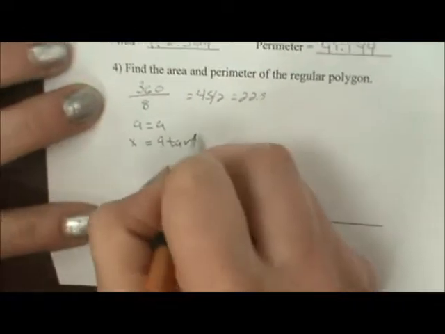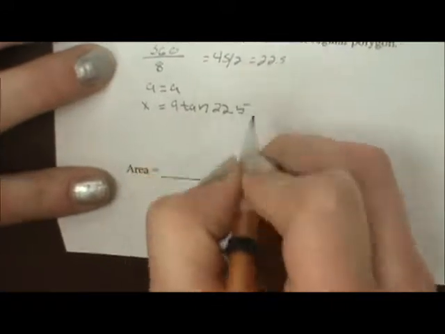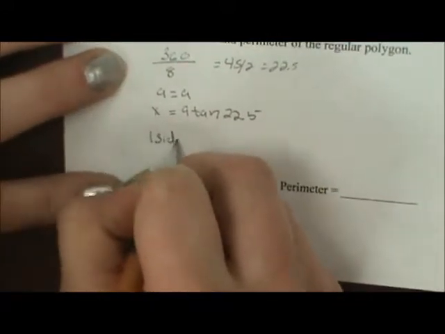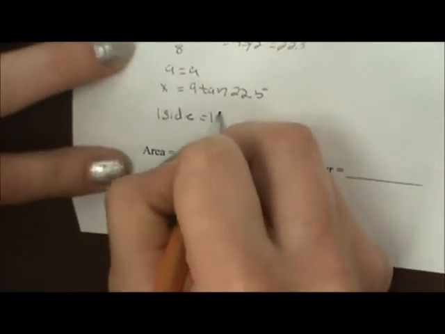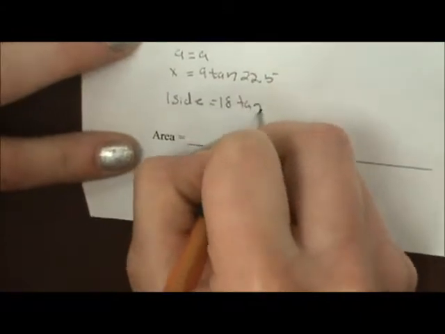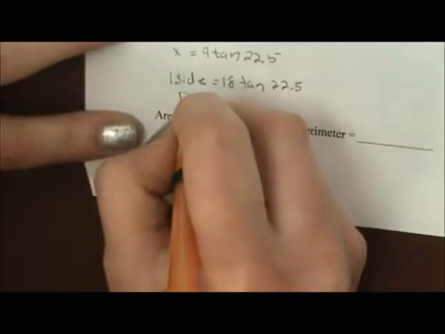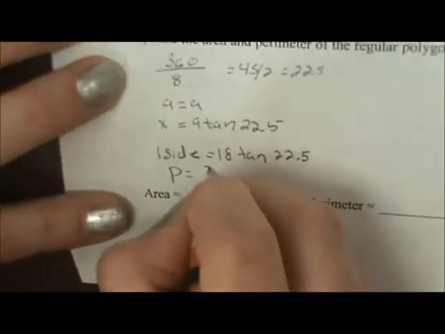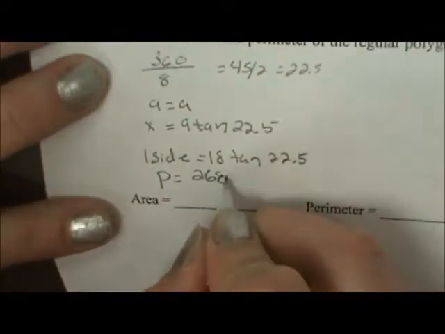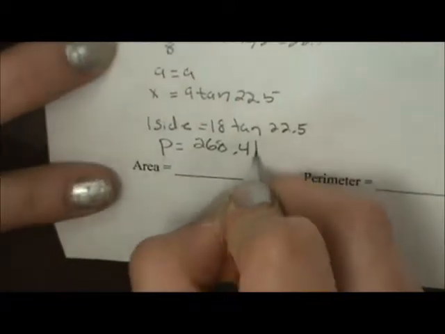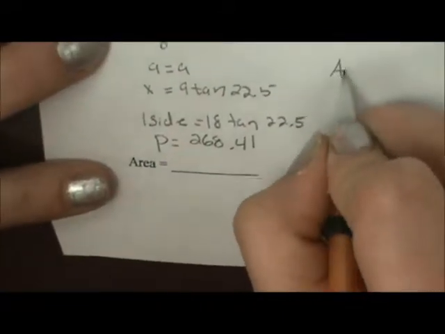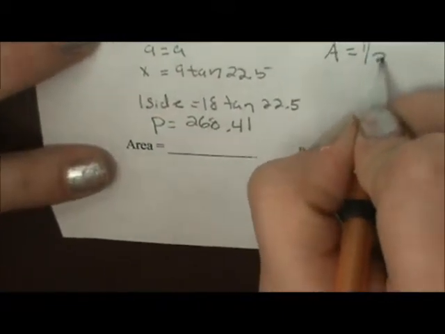So our height is A, so that's going to equal 9, and then X is going to equal 9 tangent of 22.5. So one side is going to equal 18 tangent of 22.5, so you just have to double that X. So the perimeter is going to equal 268.41.